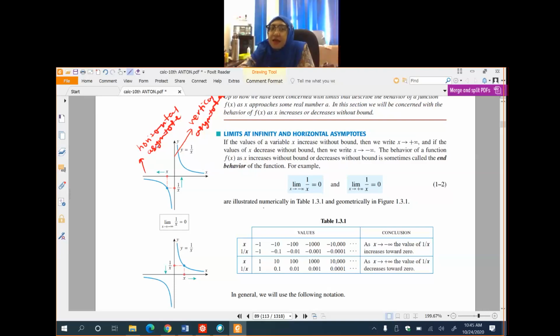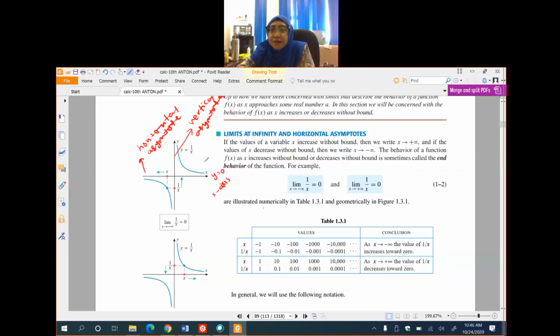And that line is called the horizontal asymptote. It never touches this line, y equal to 0, which is also called the x-axis, but it's getting closer to this line.